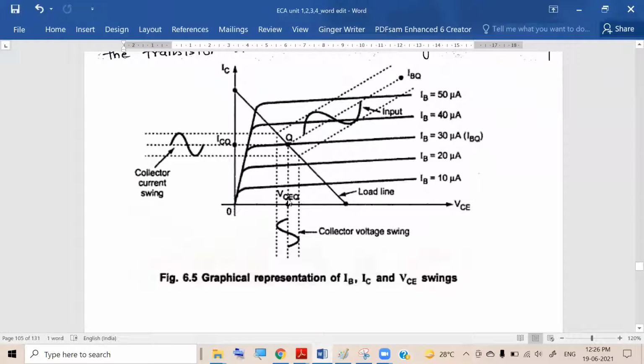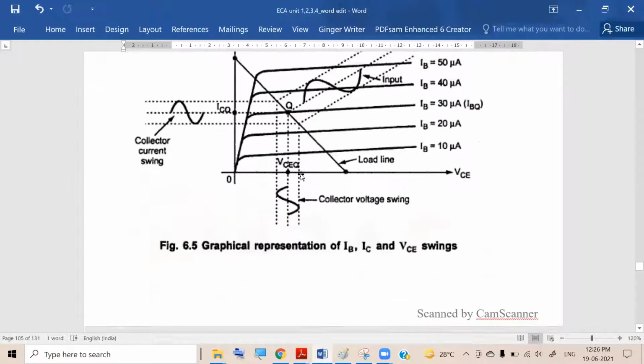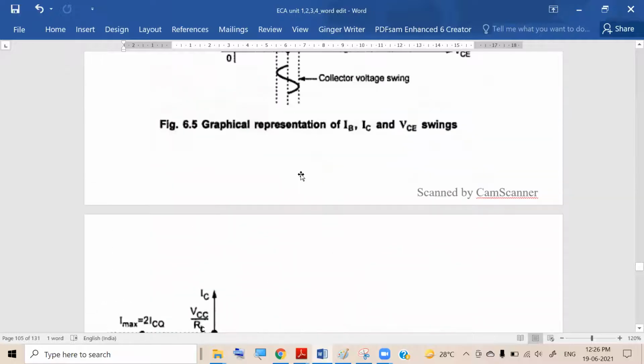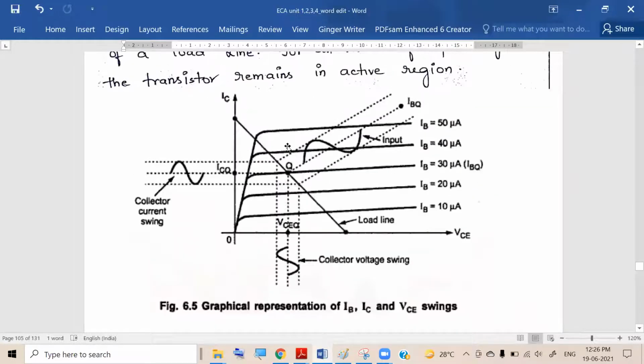Okay. Now let us see what is the maximum signal swing which can occur for a class A amplifier. The maximum signal swing, if you are operating here, will be along the x-axis. The maximum swing can happen from here to here; it is not going out of the range of the straight line.